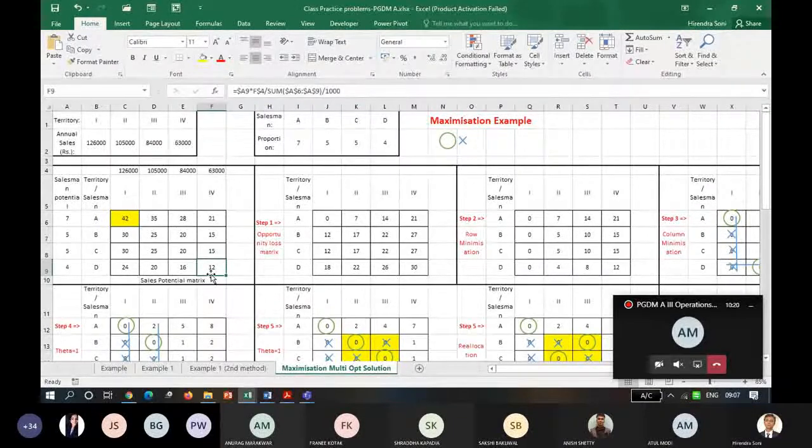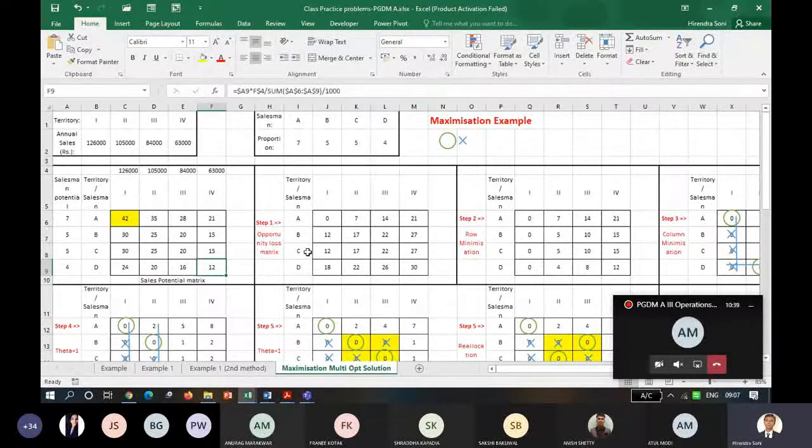So now if you start applying the method for minimization, even that will work. So there are multiple ways of doing things.